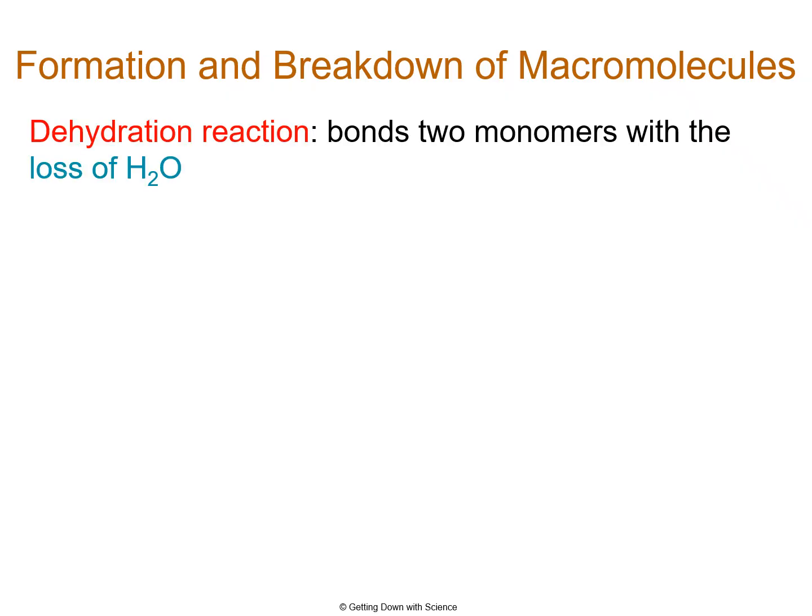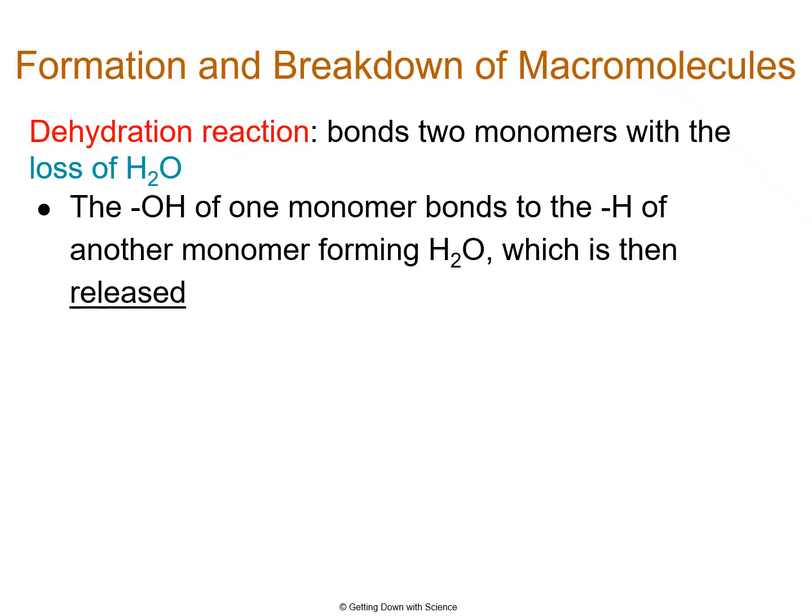To make monomers become polymers, we have something called a dehydration reaction, and it bonds 2 monomers with the loss of H2O. If we think about beef jerky, we remove the water. One OH from one monomer binds to the H of another monomer, forming H2O, and that H2O gets released and goes off into the ether.